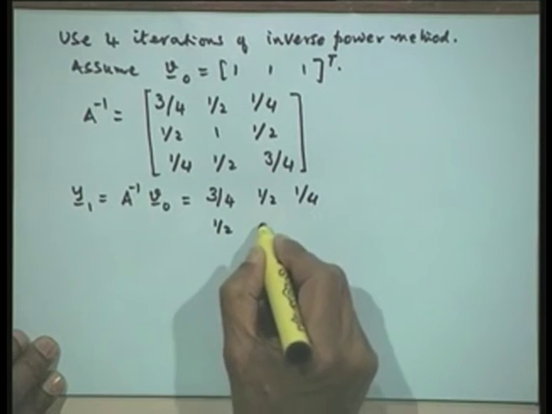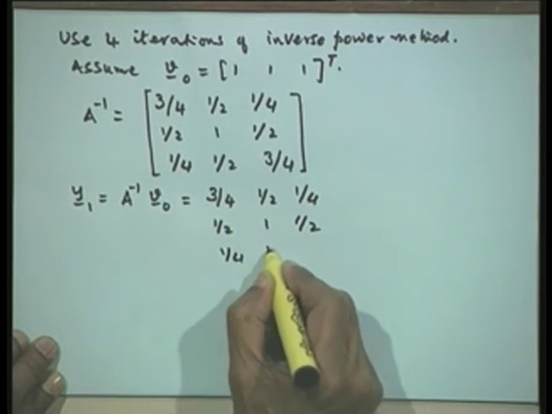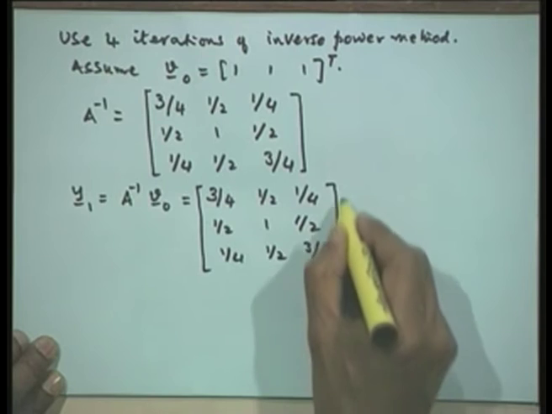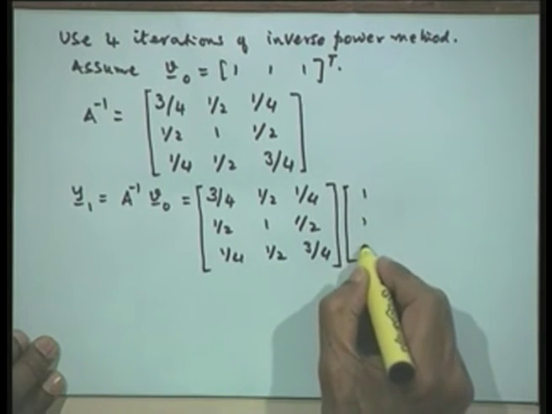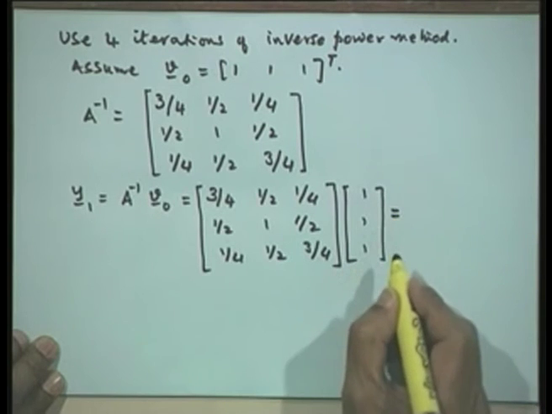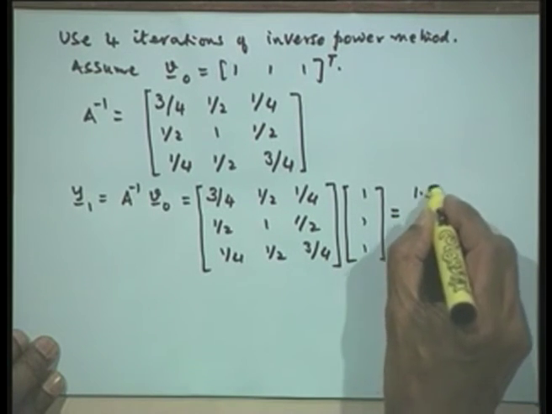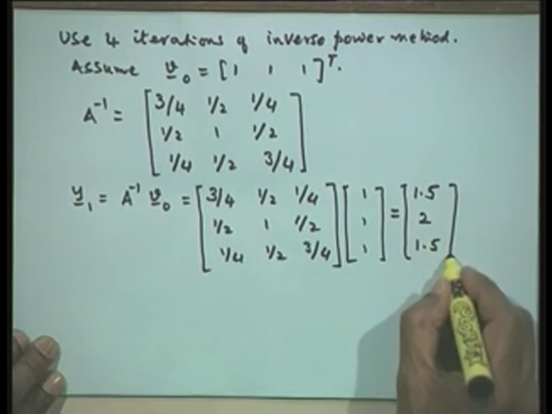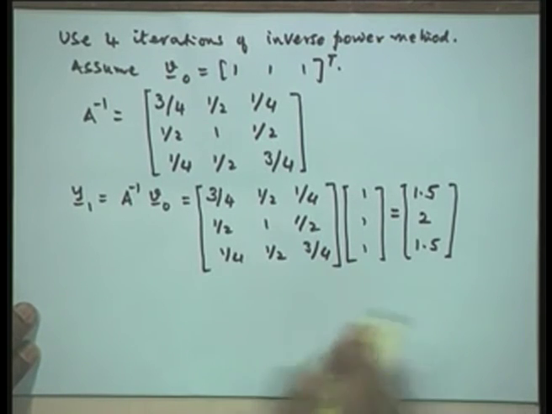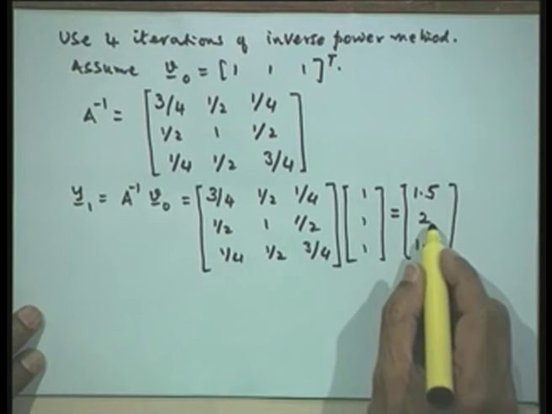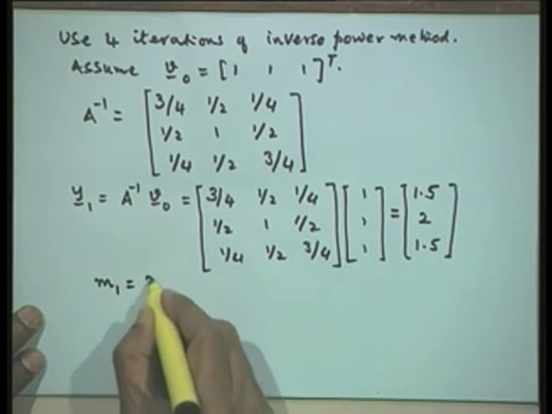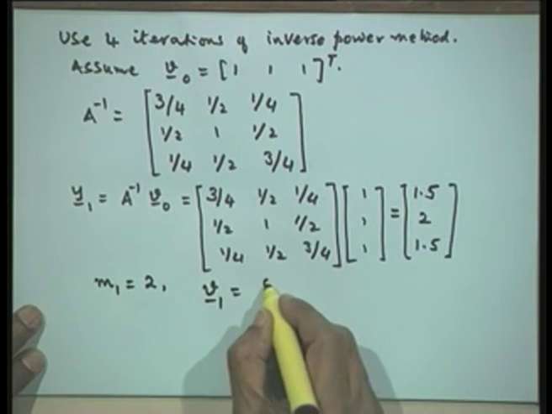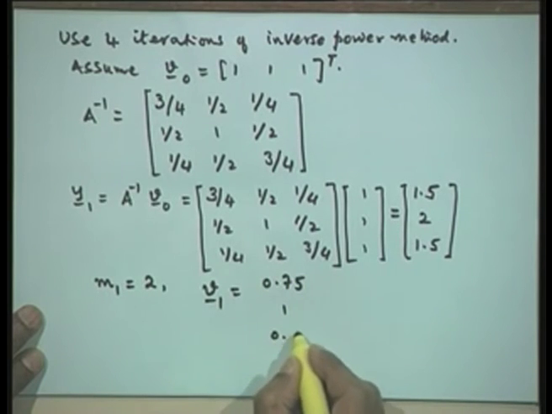Simplifying, we get 1.5, 2, 1.5. Now the largest value here is 2, so m1 is equal to 2. Therefore V1 is 1.5 by 2, that is 0.75, 1, 0.75.